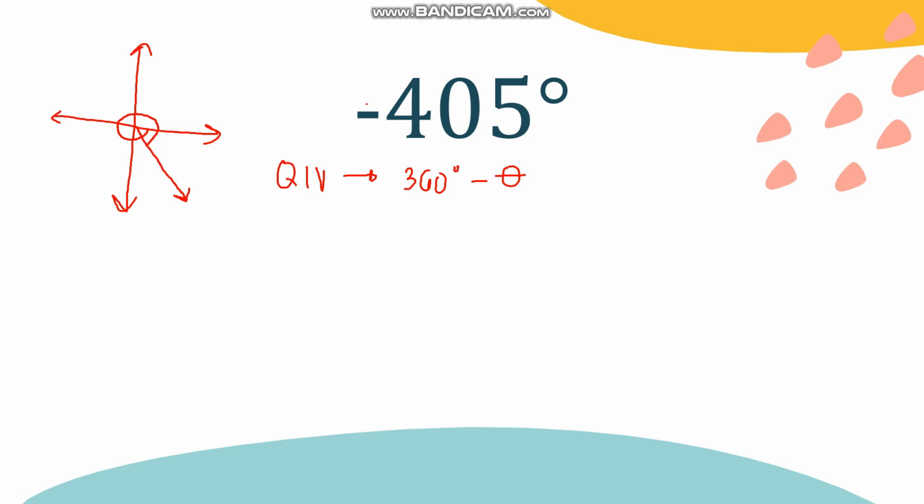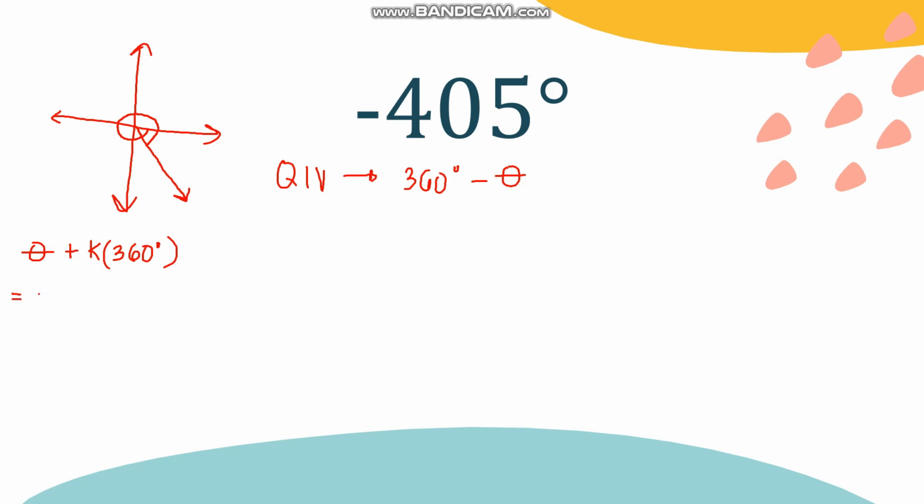So again, we have to identify first the coterminal angle of negative 405 degrees that is positive. To recall, to identify the coterminal angle, we have theta plus k times 360 degrees, where k refers to the number of rotations that we will consider. Since this angle already completes one whole rotation and started its second rotation, let's use k equal to 2.